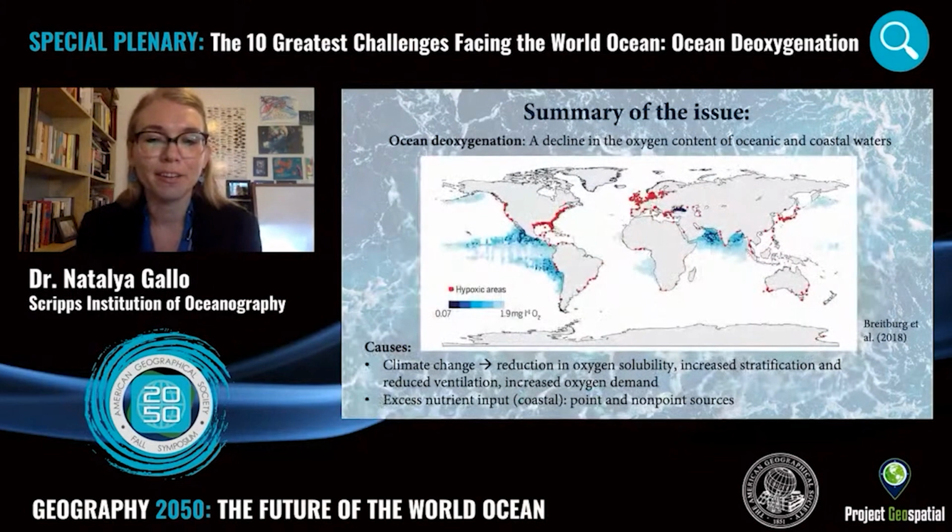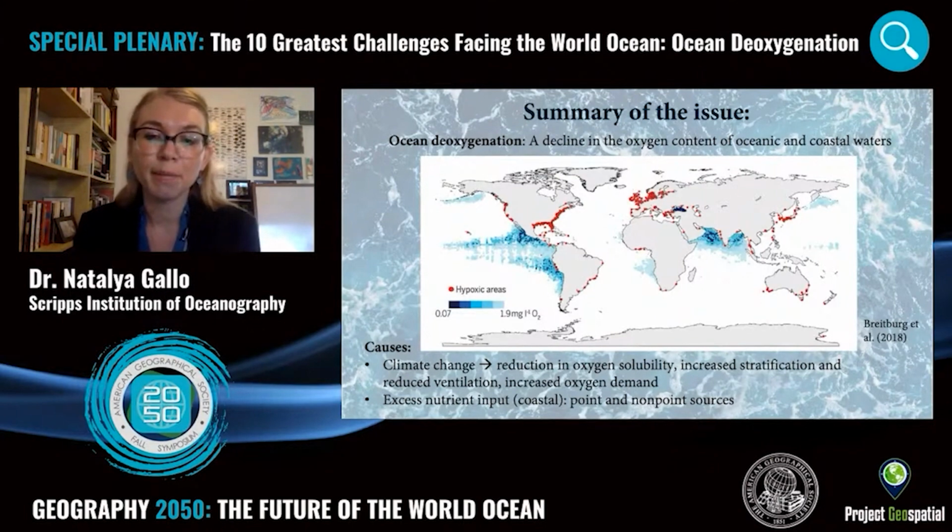But what I'm here to talk with you about today is that the ocean is losing oxygen in a process known as ocean deoxygenation. It's a bit of a mouthful, but take a moment to pronounce it with me so that you can feel confident about saying it. Deoxygenation. Ocean deoxygenation. This just means a decline in the oxygen content of oceanic and coastal waters.